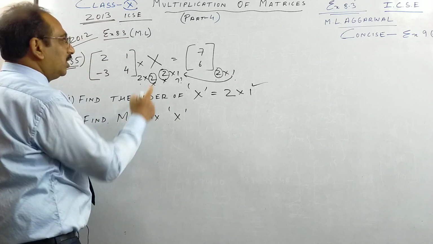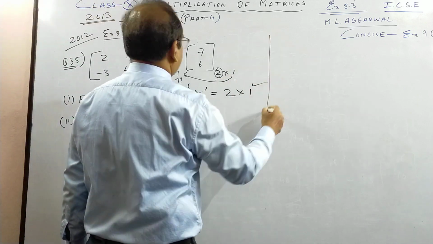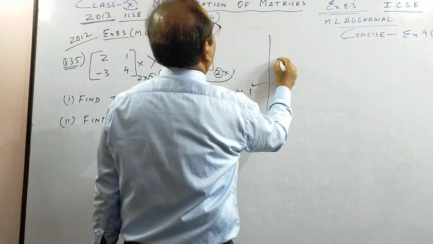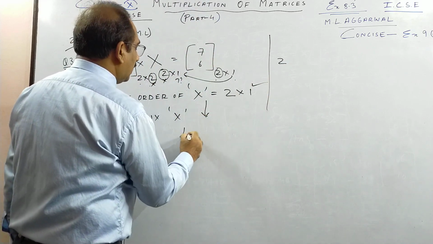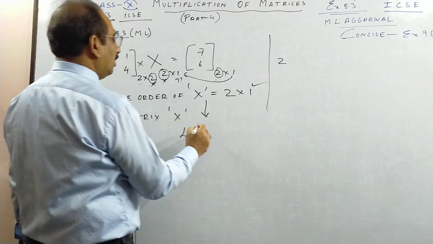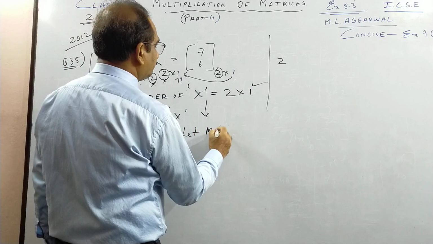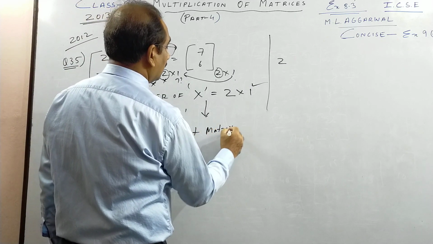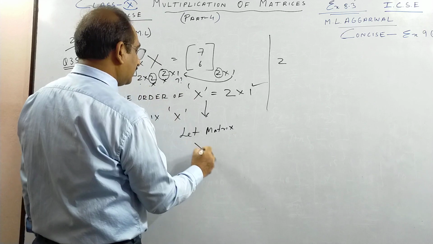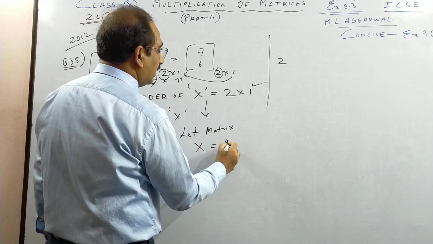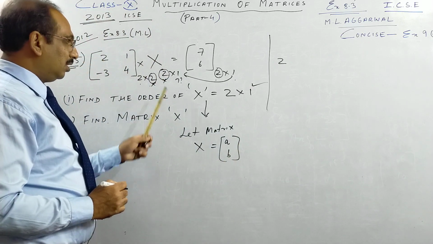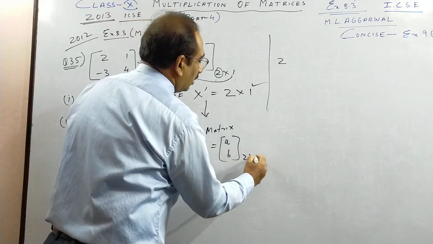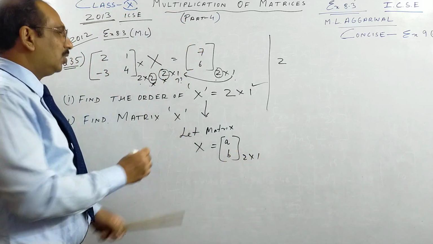Now the second part, what is X? Let us solve, children. So let the matrix X, since already X is there, let it be a by b like this, because this is of order 2 by 1. So you have to do it like this.